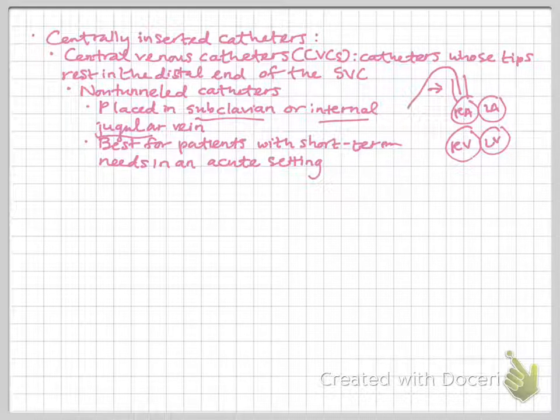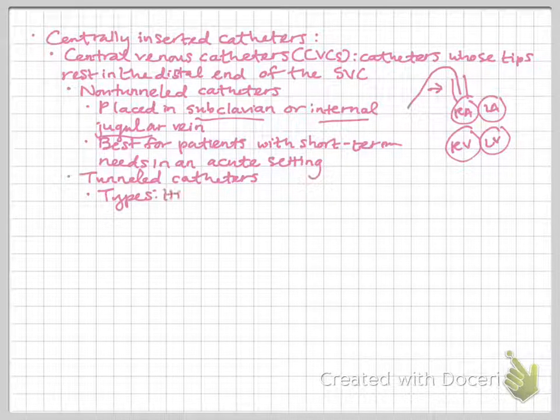In comparison, there are surgically placed tunneled catheters. The types that the book mentions are your Hickman, Broviac, and Groshong. These are suitable for long-term needs.